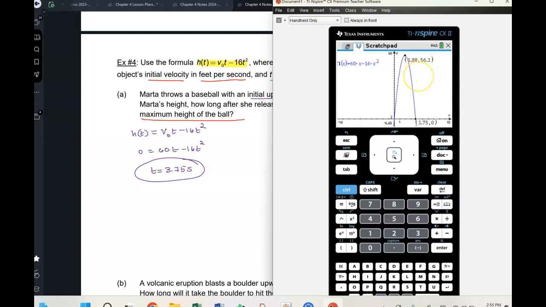What do those two numbers mean? Oh my God, that is the most perfect way to word that answer, if ever there was a way to word, right? That is it. 1.88 seconds after the ball is released, it is 56.3 feet above the air.